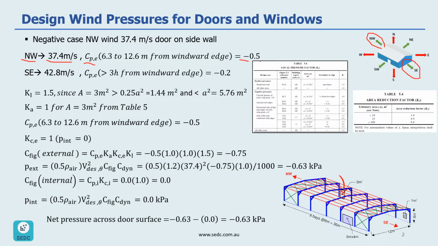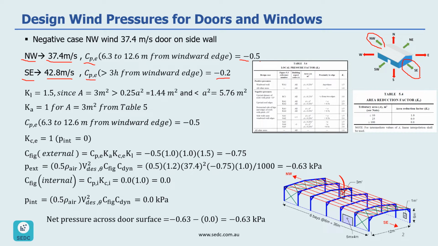And the reason for that is the door is located in the area that is from 1H to 2H distance from the windward edge. If you look at southeast direction now, our design wind speed would be a little higher, but our CPE is a lot less.